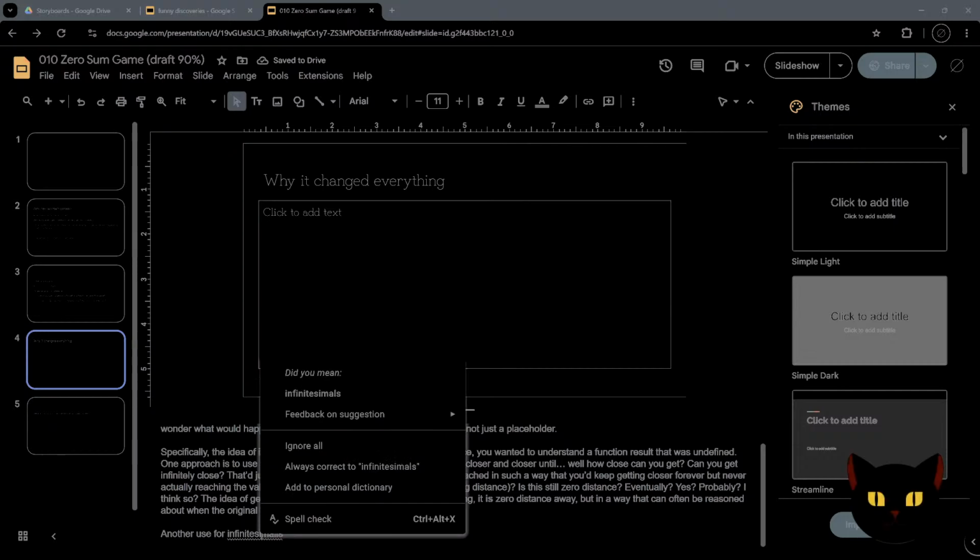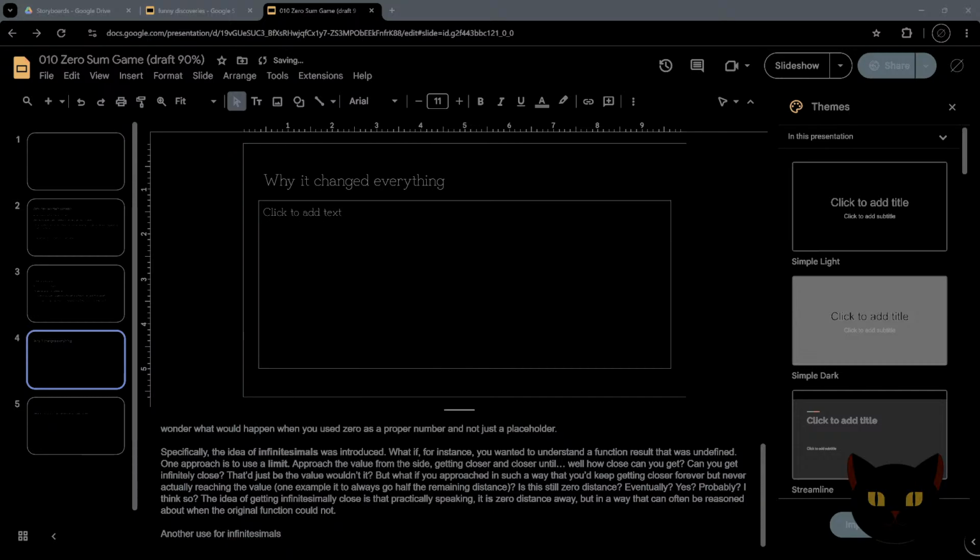Is it spell this word correctly? Infinite. So in infinitesimals, there's only one L, and in infinitesimally, there's two L's. That's why I can't spell it.